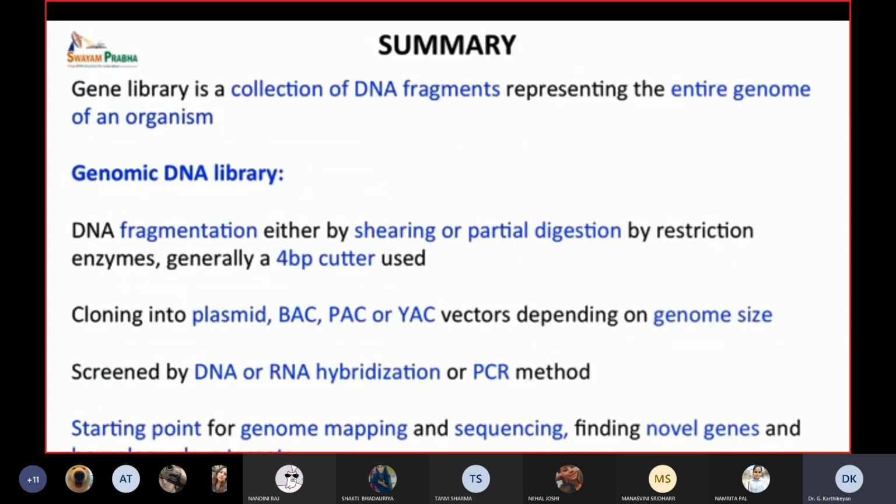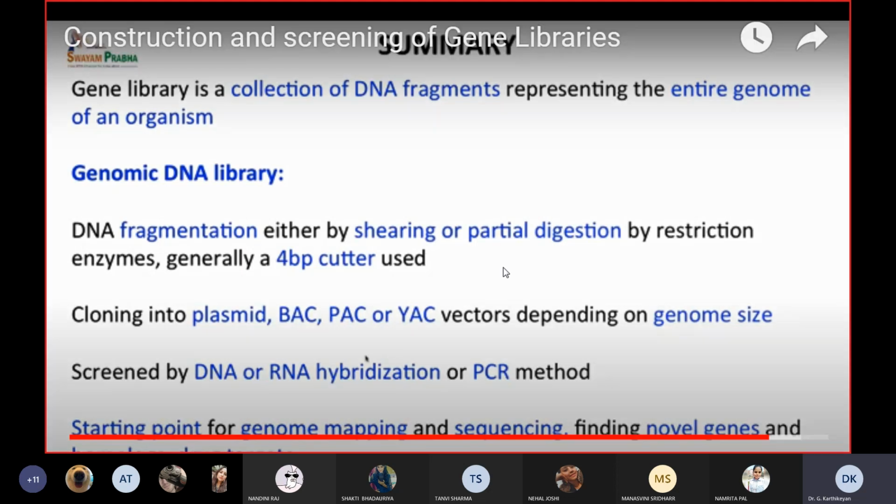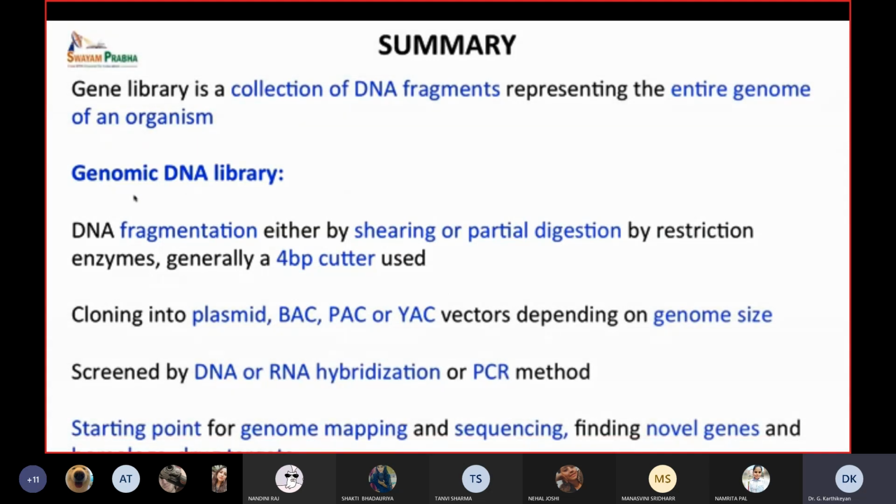So to summarize this part of the lecture, I talked about gene libraries, which is nothing but a collection of DNA fragments which represent the entire genome of an organism. And these fragments of the genomic DNA can be produced either by shearing of the DNA, say by brief sonication, or partial digestion by a restriction enzyme.